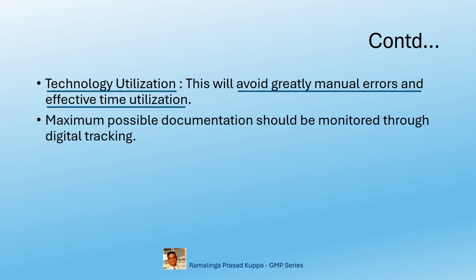Maximum possible documentation should be monitored through digital tracking. Batch genealogy can be achieved through digital monitoring. The genealogy could get the information on all inputs and outputs at each stage of manufacture, its quality attributes, and approval status with just a click.